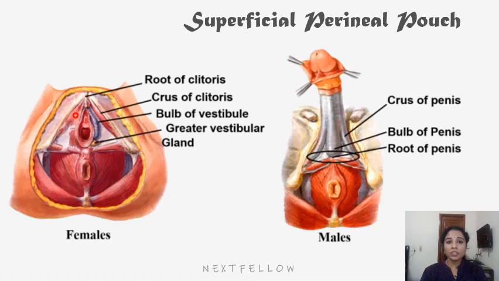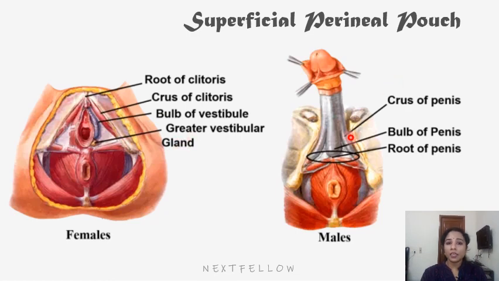This superficial perineal pouch is like an open compartment because anteriorly it freely communicates with the potential space lying between the superficial fascia and anterior abdominal wall muscles. The superficial fascia of the abdomen, that is fascia of Scarpa, and the anterior abdominal muscles, that space continues with this superficial perineal pouch.